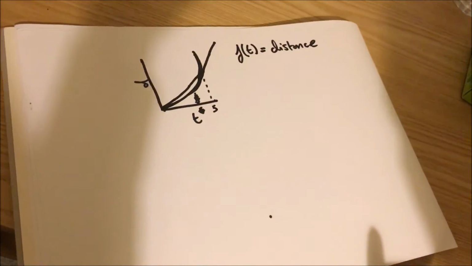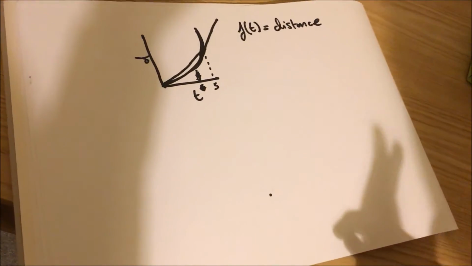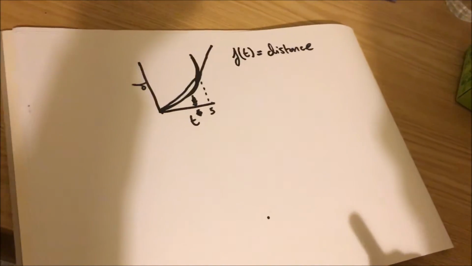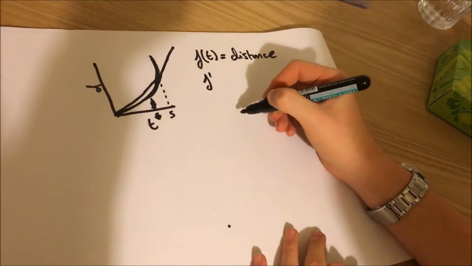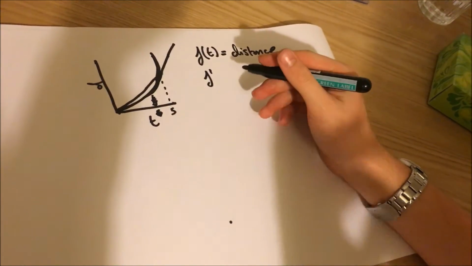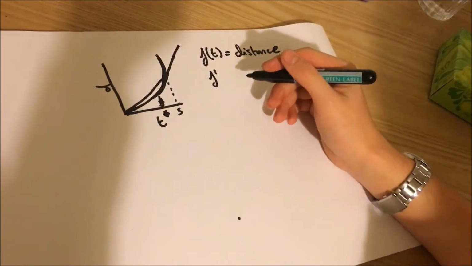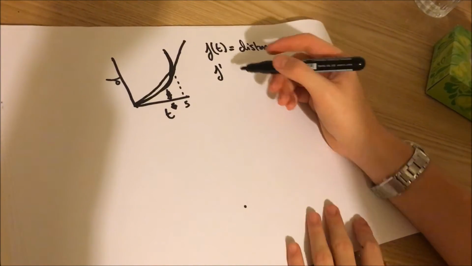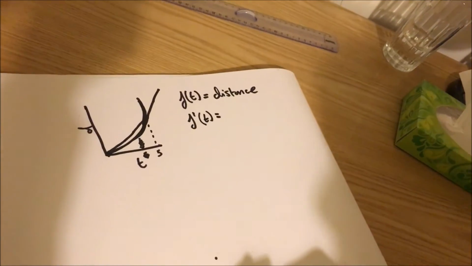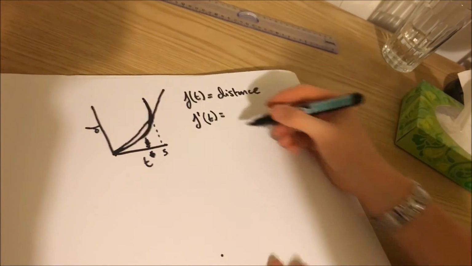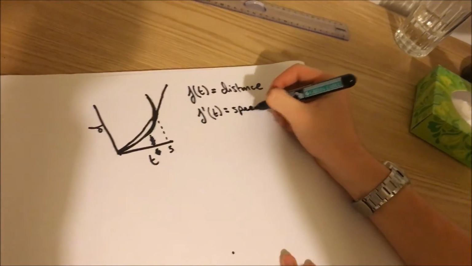If we want to work out the rate of change of the distance, which is the speed at t seconds, we would have a little tick here, which means the derivative, which means after we pump the function through differential calculus. I'll explain how we do that in a second. So f tick of t, or derivative of f of t, that's going to be the speed.